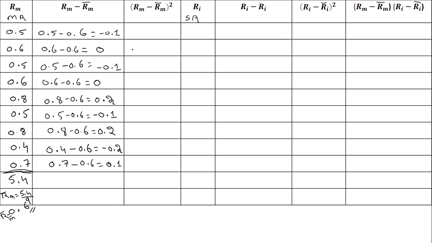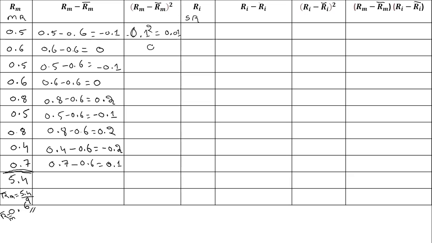Now the third column says Rm minus R bar M bracket square. So we are going to square all the values of the second column. So the square of minus 0.1 is equal to 0.01. We'll square all the values.